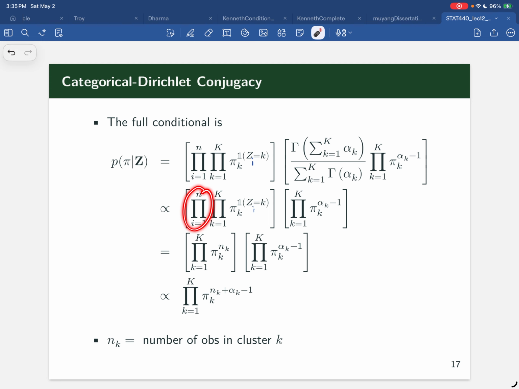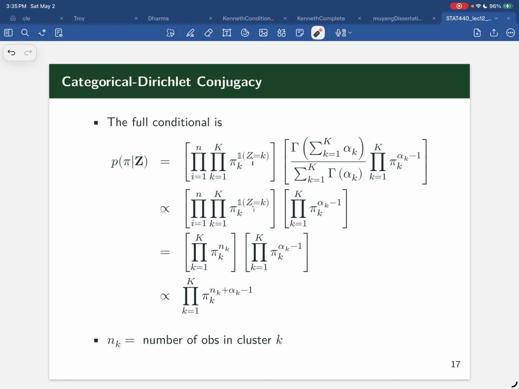And this is multiplying over all n observations, but nk of those observations are assigned to category k. So this just simplifies to a product of pi k to the nk. It's basically just counting how many observations are in each component.